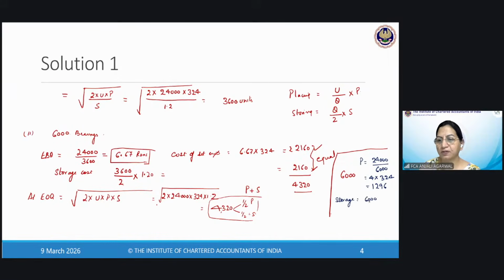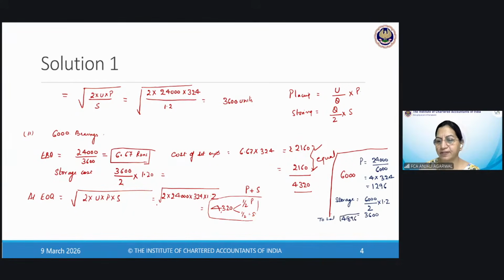6,000 units ordered. On an average, 3,000 units held, and 3,000 into 1.2 is 3,600. So the total of placing and storage will be 3,600 plus 1,296, which will be 4,896.